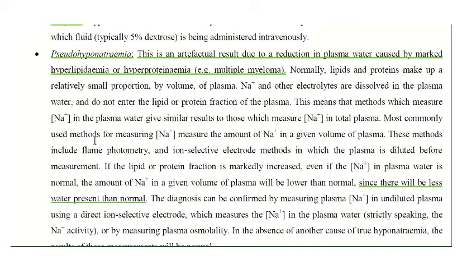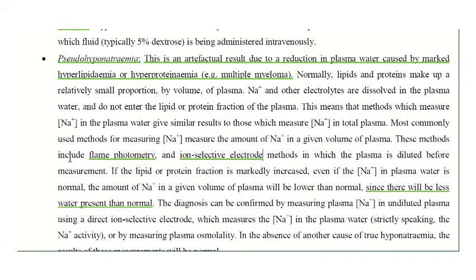Most commonly used methods for measuring sodium concentration measure the amount of sodium in a given volume of plasma. وهذه الميثودز include flame photometry and ion selective electrode methods in which the plasma is diluted before measurement.